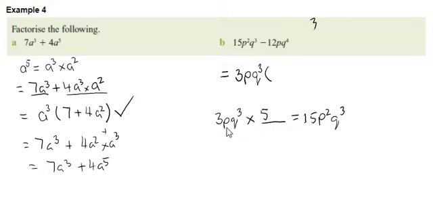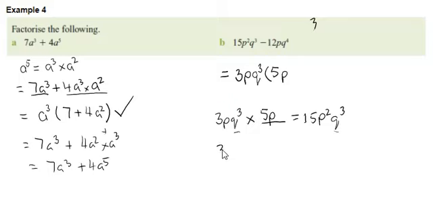We've got a p here, a p squared in our answer, so we do need a p. And we've got a q cubed here and a q cubed in our answer, so we don't need anything there because they're just the same. So my front term is going to be 5p.